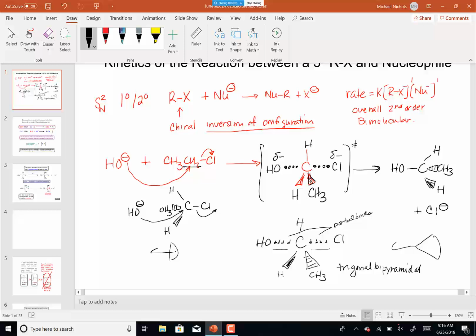So that's how we would write the transition state for that reaction, and we have to be able to write the transition state. But in an SN2 reaction, since it's a one-step concerted mechanism, this is the mechanism, this one step.